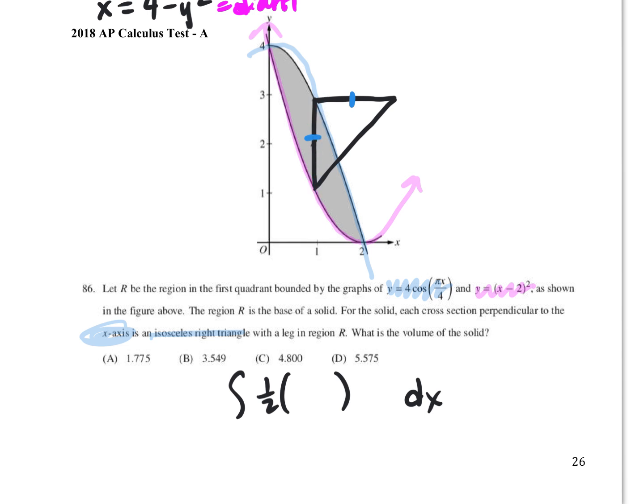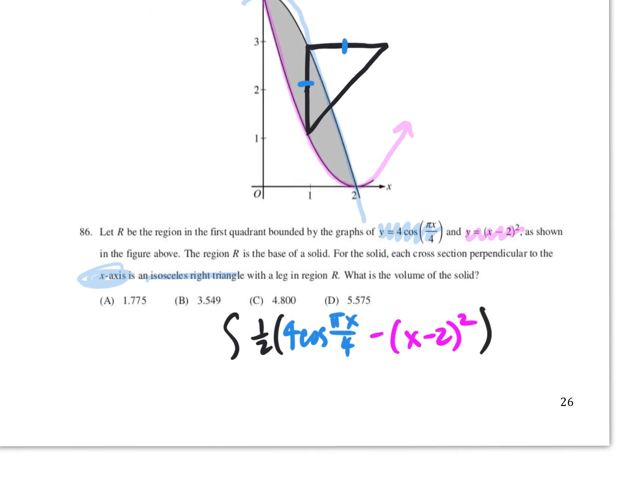So I'm going to say upper minus lower. I'm going to even write it in my pretty colors. Blue was 4 cosine of pi x over 4 minus pink. Got to move that. We got minus, parentheses are going to be our worst enemy here, x minus 2 squared. That's my upper minus lower. That is just the base of my triangle.